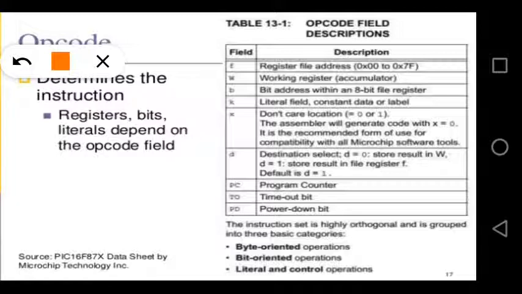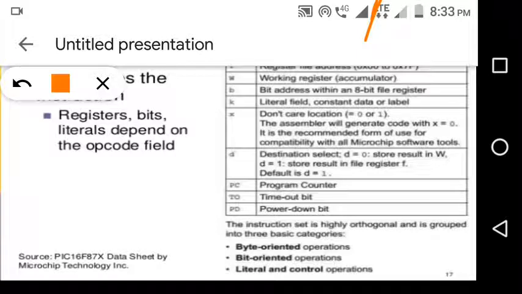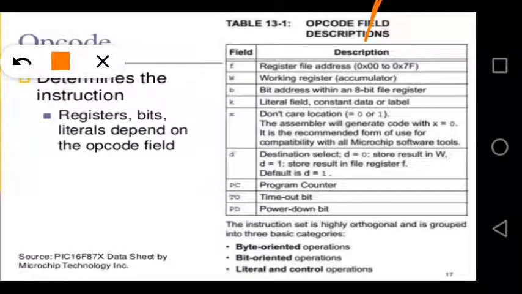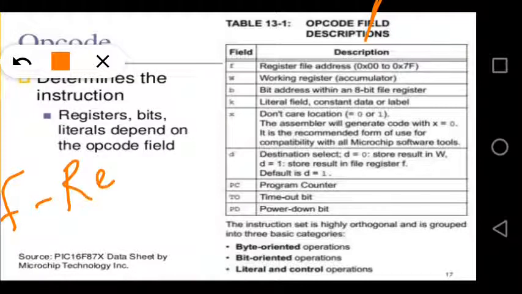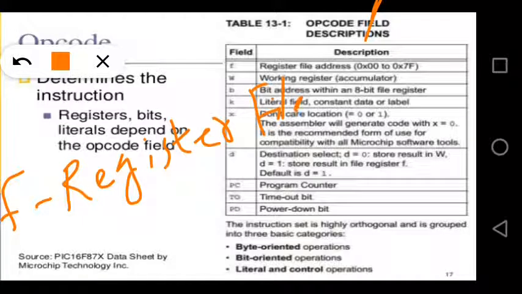In the opcode field description, you might have seen that F stands for register file address.